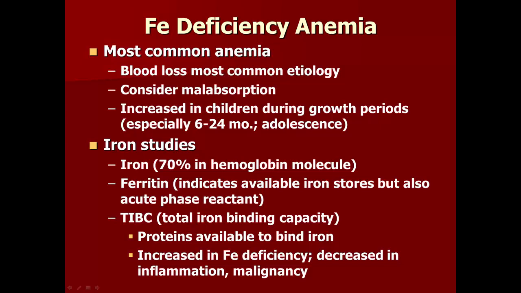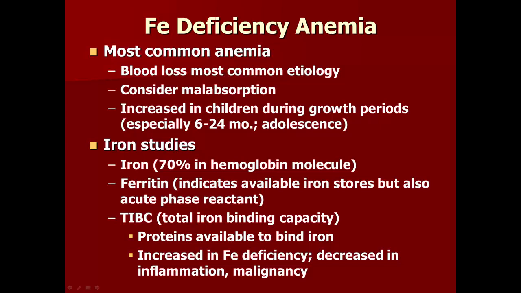Now again, that capacity can be decreased in inflammation. It also could be decreased in malignancy. Last but not least, the iron binding capacity could be decreased if the individual doesn't have sufficient copper in their diet, because copper aids in the uptake of iron into the red blood cell itself.